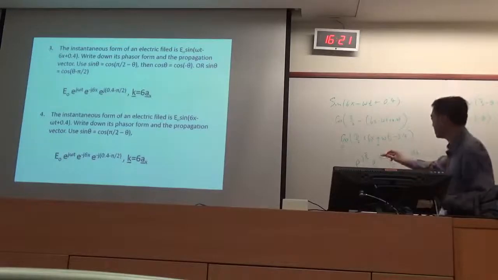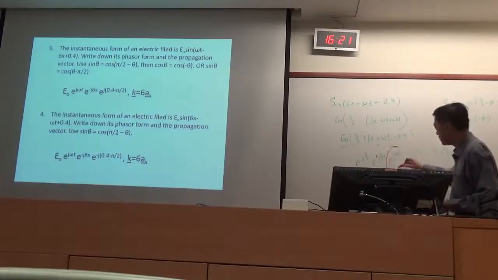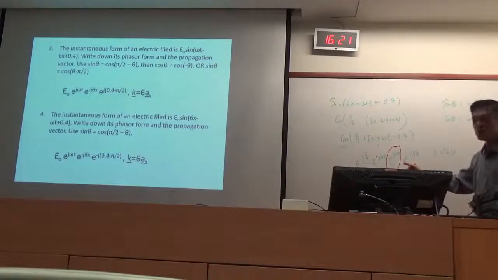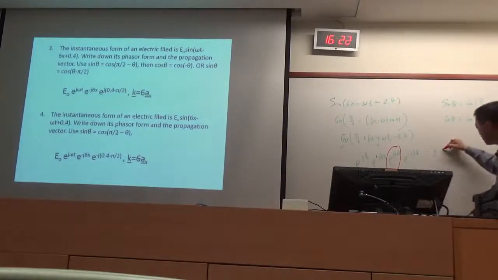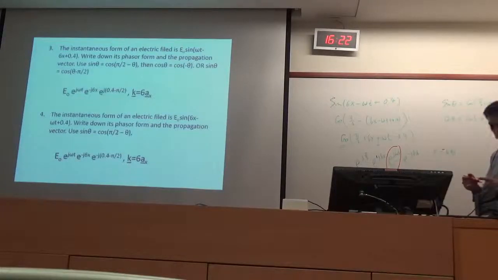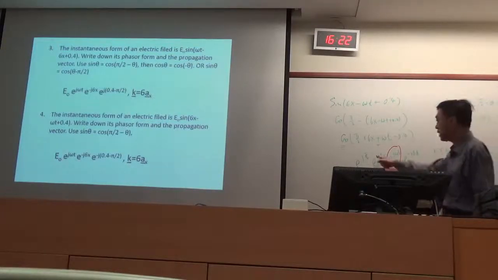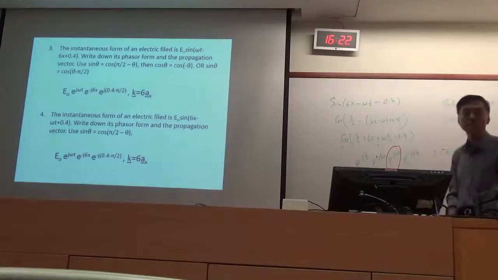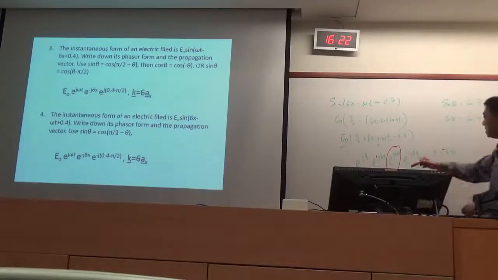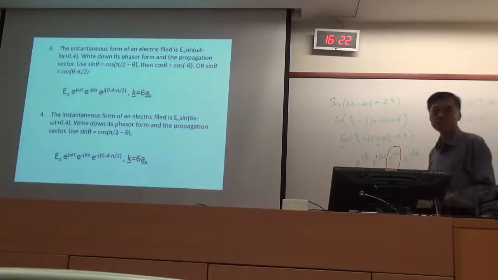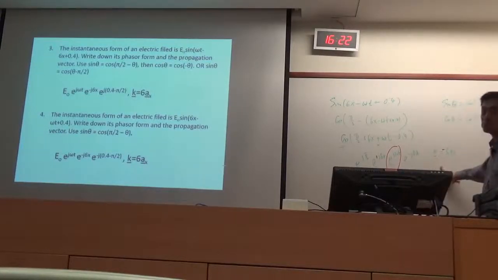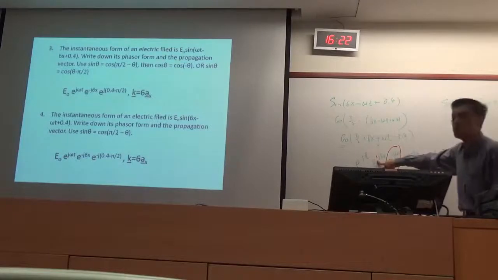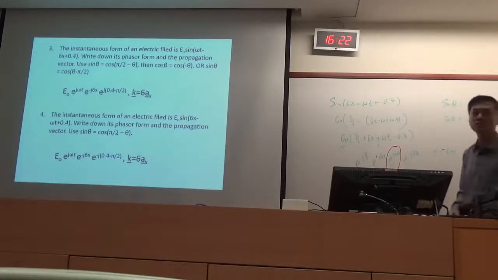But j omega must be plus. If this one ends up plus, it means that the propagation is minus 6ax. That's all. So this one can have plus, can have minus, but j omega t must be plus. If this is minus, propagation is in a positive direction. If it's positive, propagation is in a negative direction. Alright?